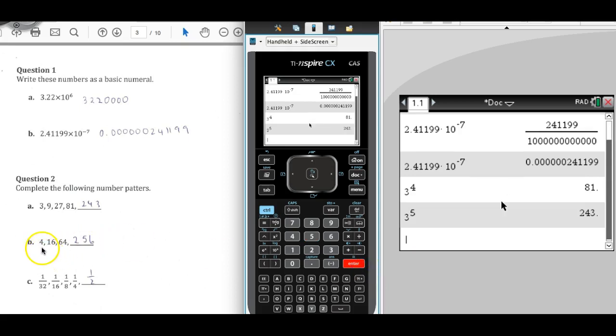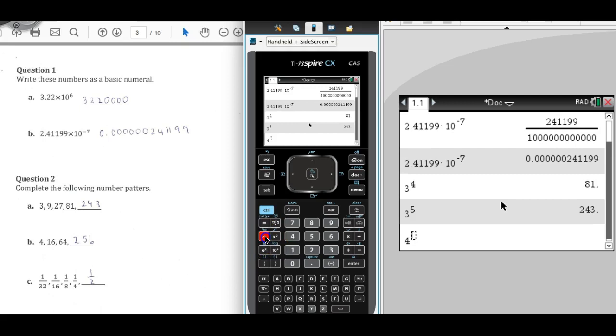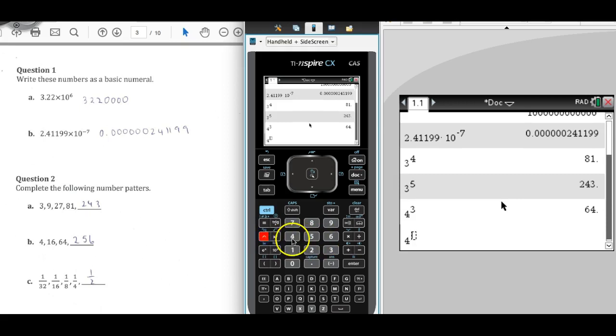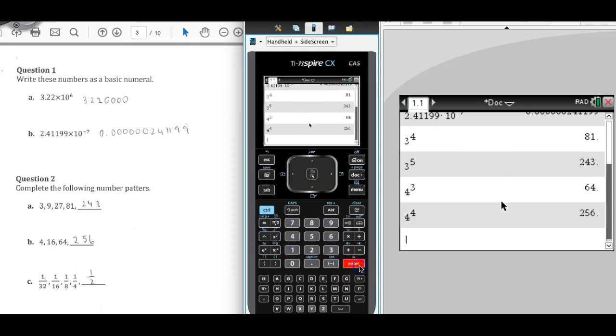The next one, let's just see, base is 4, 16, 64. So that must mean base to the power of 3 gives me 64. So 4 to the power of 4 is 256. Now question C, you can see we've got fractions here and they're actually increasing, but the denominator is decreasing.